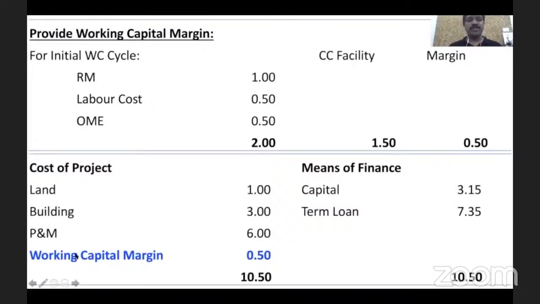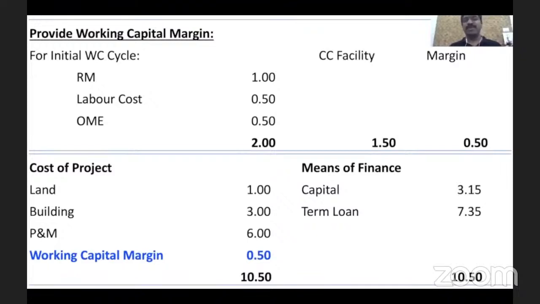Now with that, I'm also adding this working capital margin as cost of the project. So my cost of project will become 10.5 crore because I've added 0.5 crore. In that 10.5 crore, as the owner, I will bring 30%. So 10.5 into 30% is 3.15 crore. Earlier it was 3 crore. Now I'm forced to bring 3.15 crore.